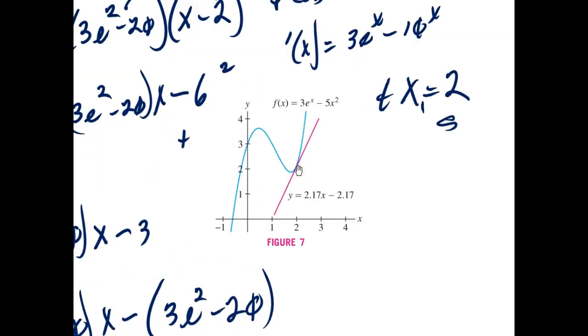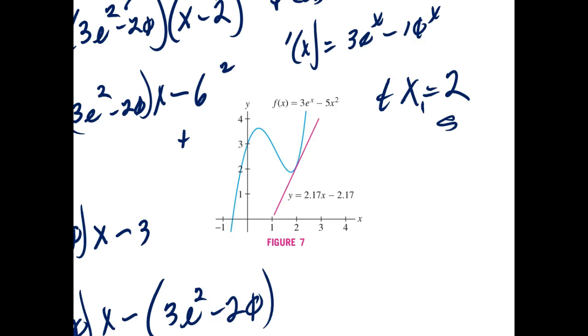Okay. Here then is the exponential function we started with. It's a mixture of exponentials and polynomials. But let me tell you this. Exponential functions are smooth and continuous. Polynomial functions are smooth and continuous. So you have a pretty good idea this is going to be smooth and continuous everywhere.